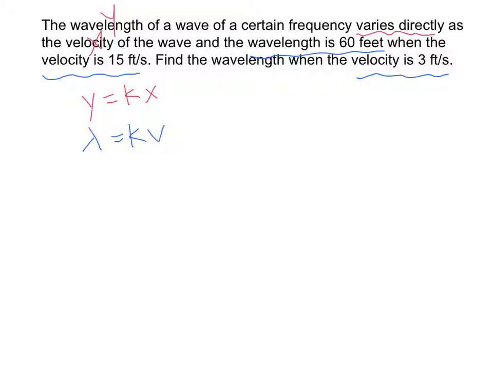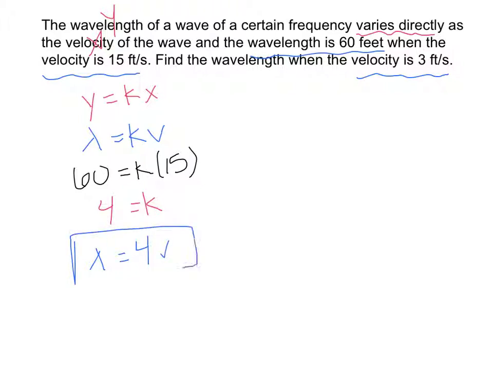Now I know that lambda, the wavelength, is 60 feet when the velocity is 15. So I can divide both sides and we can get k. This will give me k equals 4. So the equation for this situation is lambda equals 4 times the velocity. So the wavelength is 4 times the velocity.